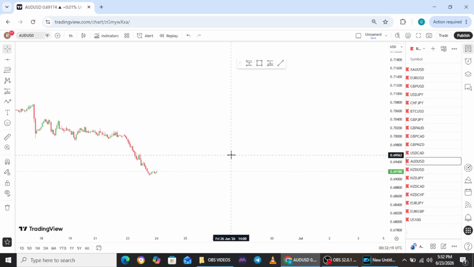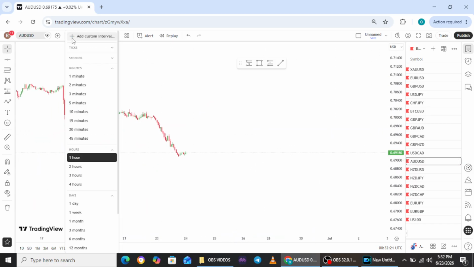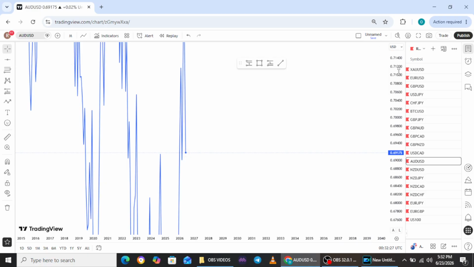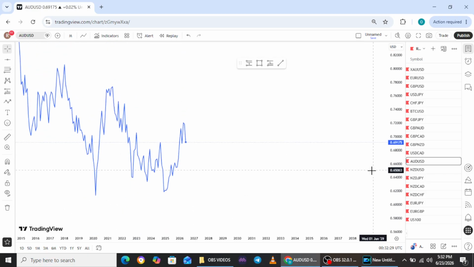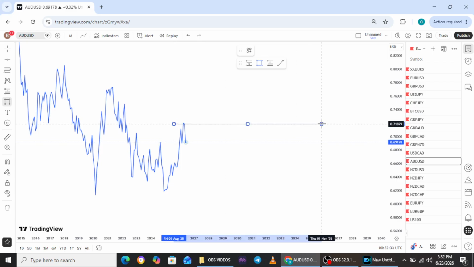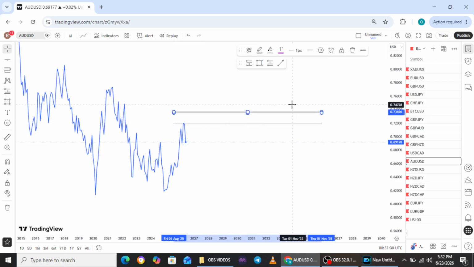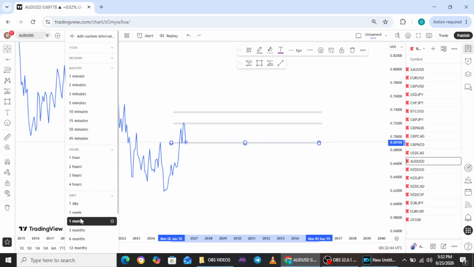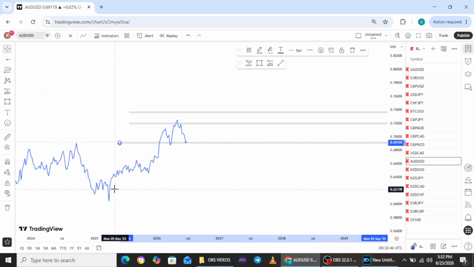AUDUSD. Okay, let's do the same process, monthly candlestick. Okay, let's get the structure. Okay, let's go to weekly and see if we can see more of those sharp bends.